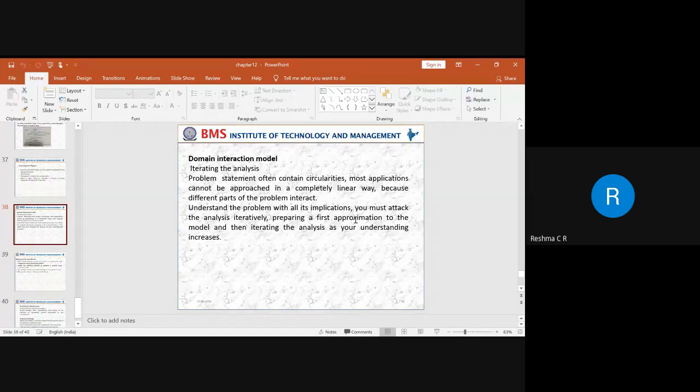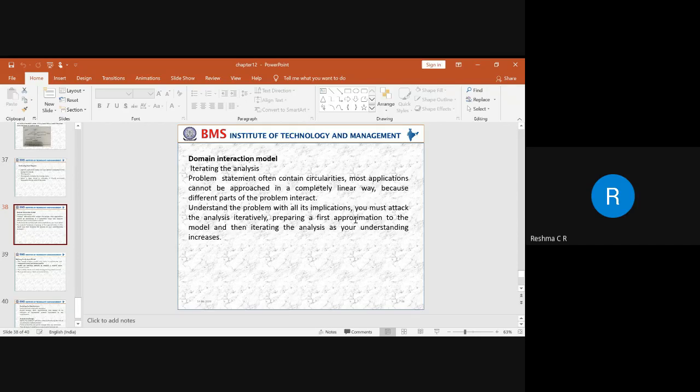For that, we need to analyze it in an iterative manner. First we need to collect all the requirements from different stakeholders. It can be domain experts, or it can be through questionnaires, or through the people or the customers. There can be different stakeholders from whom you have collected all the data.